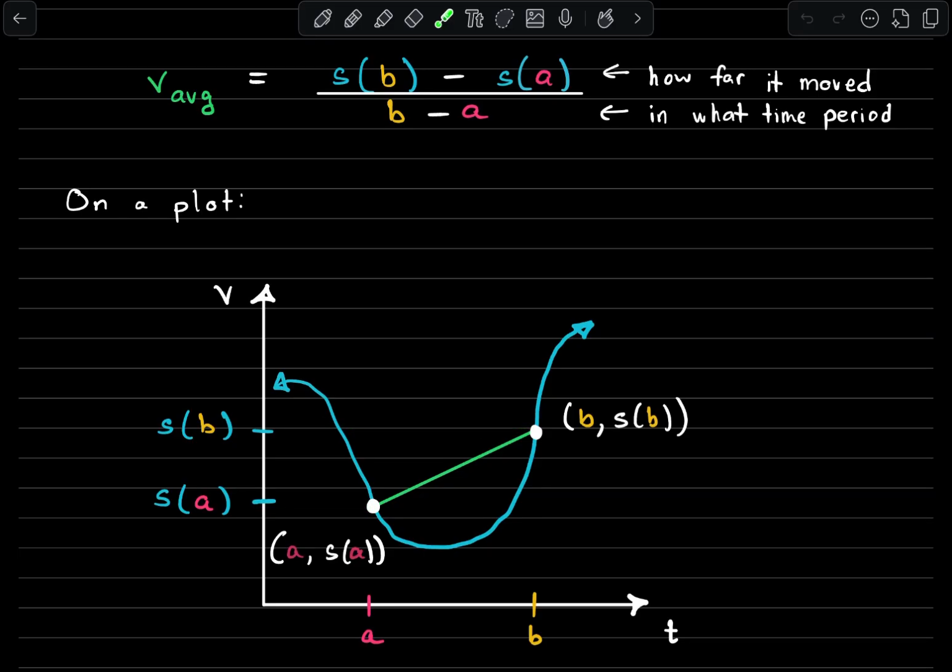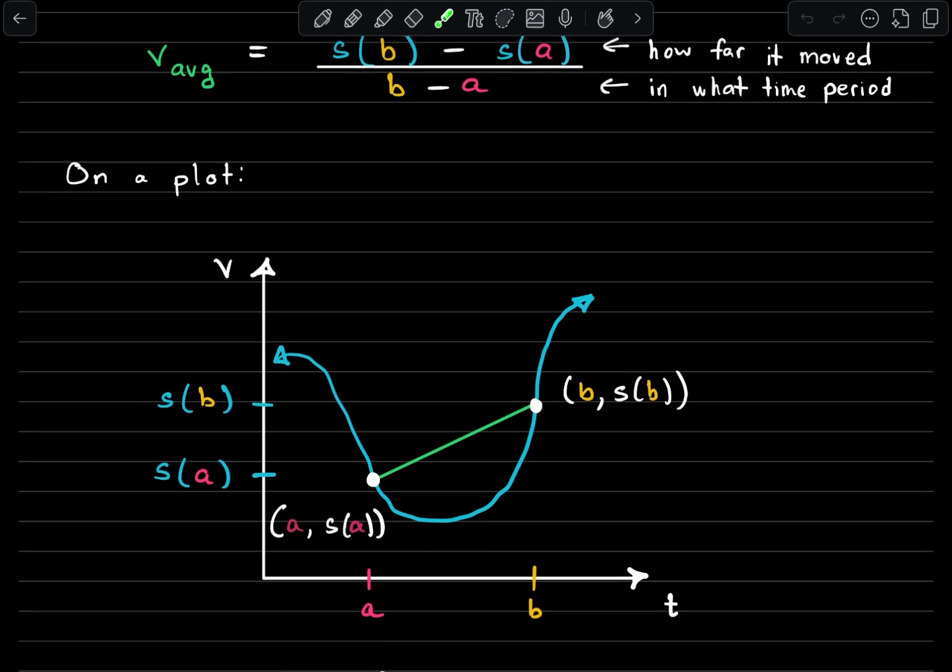So the average velocity, all we're really doing is calculating the slope of the line between these two points. This is the point a comma s of a, so time a comma its position, time b comma its position at time b.